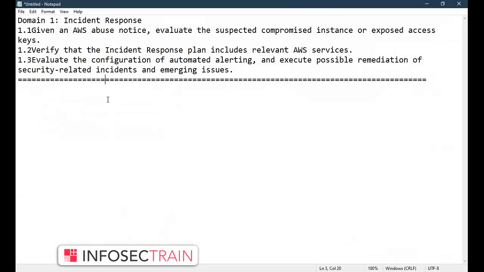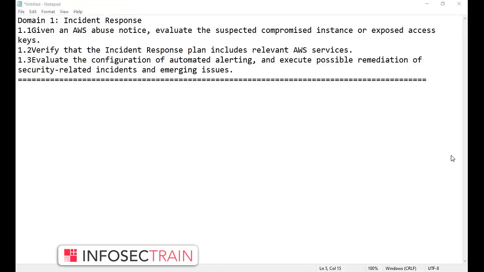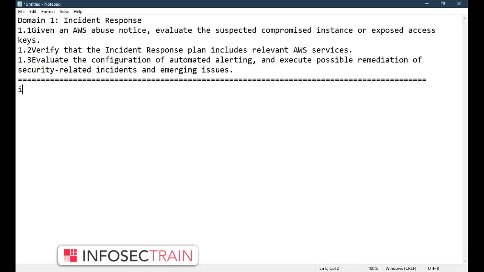Give me some examples for an incident. I'll just give you some examples. As I told you, it can be a DoS attack or DDoS attack.